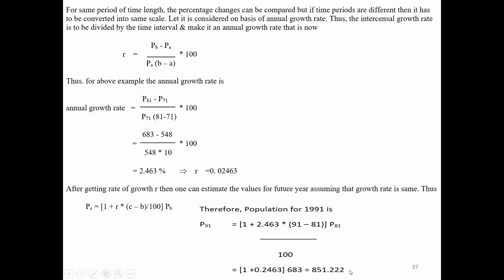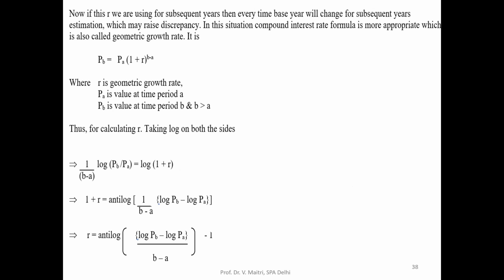It works out to be 851.22. So the population for 1981 for India is 683, and for 1991 it works out to be approximately 851 millions. So that's how we can use the growth rate.